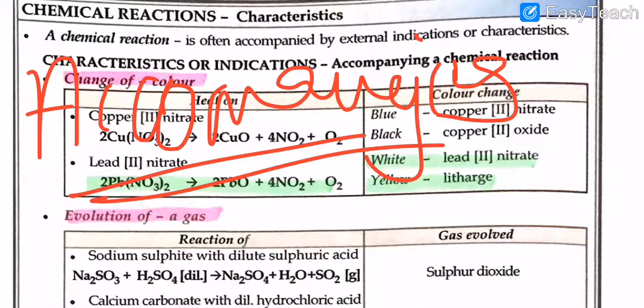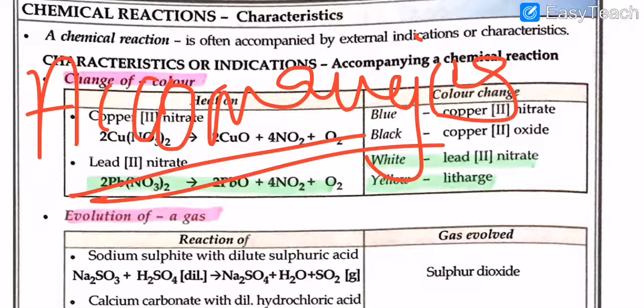Let's say, for example, when you take any two substances, right, and they have an indication of color, their color slightly changes, so you get to know, oh, some chemical reaction has taken place over here, right? So certain indications are given to us which prove that the two substances that we have combined actually are going under a chemical change, a chemical reaction.